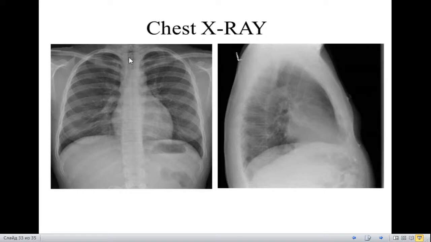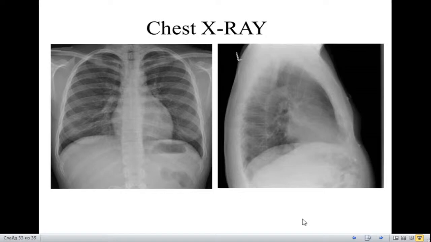Here you can see the lungs, the small white shapes which are bronchi and vessels, which disappear in the peripheral part because cartilage is mostly absent there. Here you can see the arch of aorta and the heart shadow.